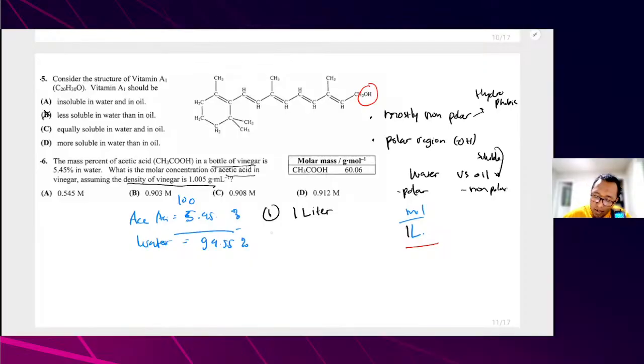The mass is 1.005 gram per milliliter times 1000 milliliter, so we will have a mass of about 1005 gram of solution.